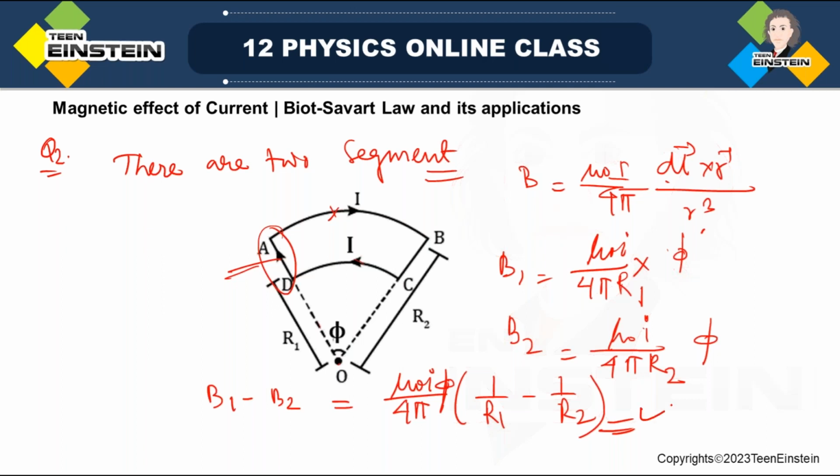Okay, so this is the difference actually. Now, this was actually the net magnetic field at that particular point.